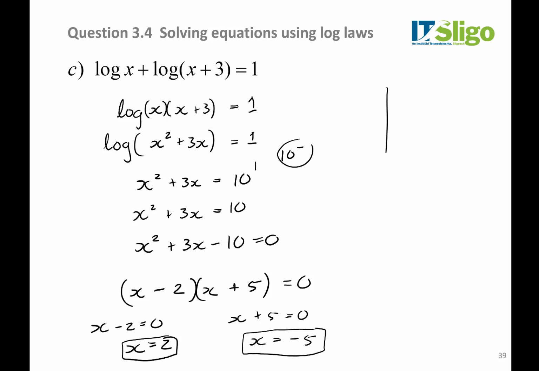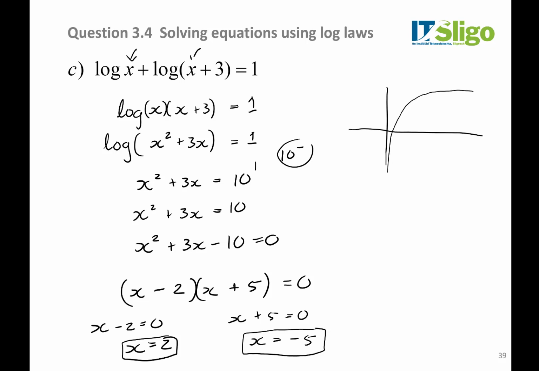Thinking back though, remember our log graph. You can't get the log of a negative number. So for that reason, guys, I'm looking back up at this equation. Here we have the log of x. If I put -5 in there, you've got a syntax error, you cannot compute it.